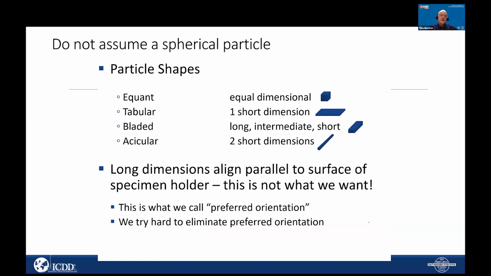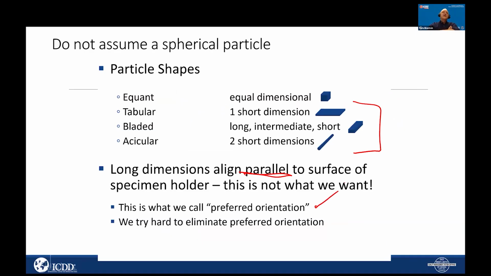Particle shapes can cause problems. Don't assume you have spherical particles. In fact, you almost always won't have spherical particles, but you can have what we would call uniform size, referred to as equant. You can have tabular, blades, acicular, and what happens when you get some of these asymmetric particles, they will tend to align parallel when you're packing it in your sample holder, and this will give you what we call preferred orientation.